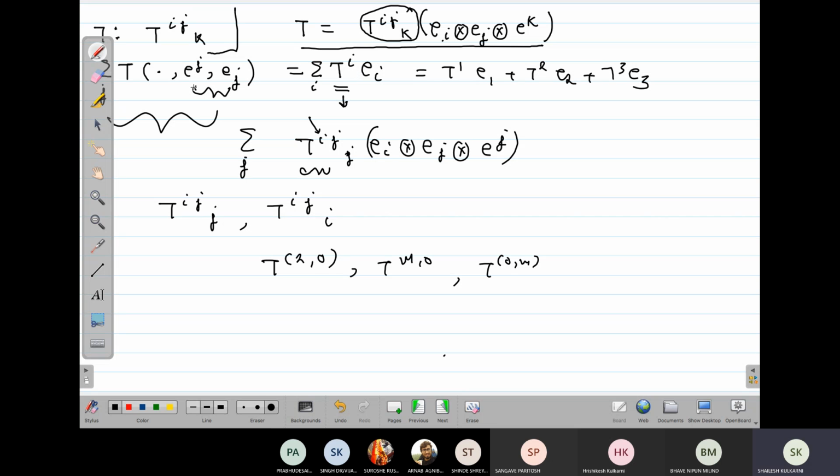If I keep this slot open, that means I am allowed to act on some vector here. I think I'm making a mistake, so this is (2, 1).